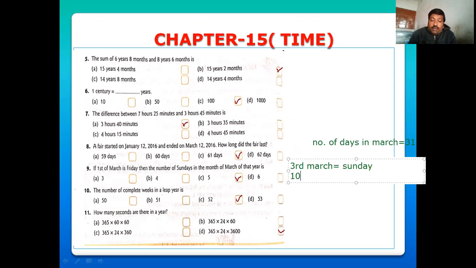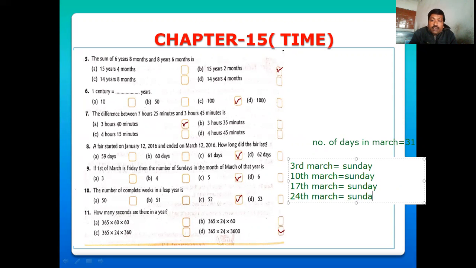Now, 10th March is Sunday also. Then 17th March is Sunday also. And 24th March will be Sunday.